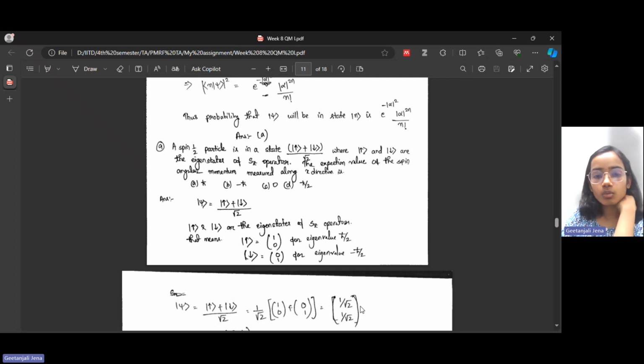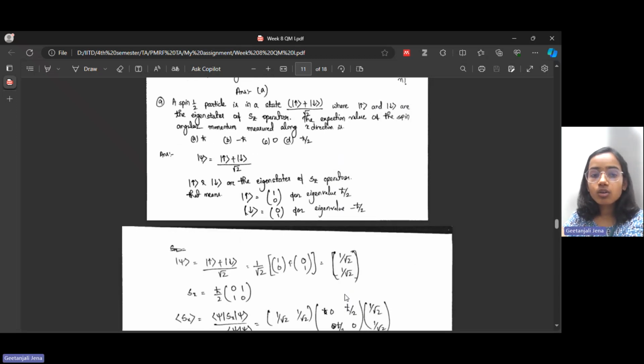which is equal to 1 by root 2 times 1 0 plus 0 1. So psi in terms of the column vector, you can write as a column vector which has elements 1 by root 2 and 1 by root 2. Now if you are taking a measurement of Sx, it is written in terms of the Pauli matrix as h bar by 2 sigma x, where sigma x is 0 1, 1 0.